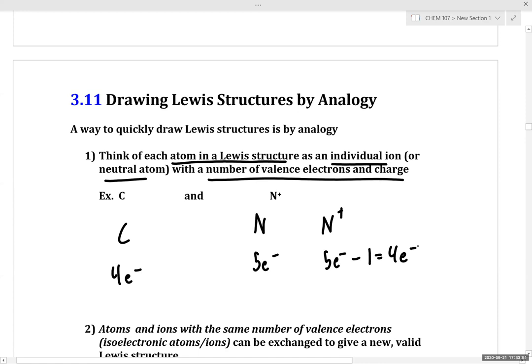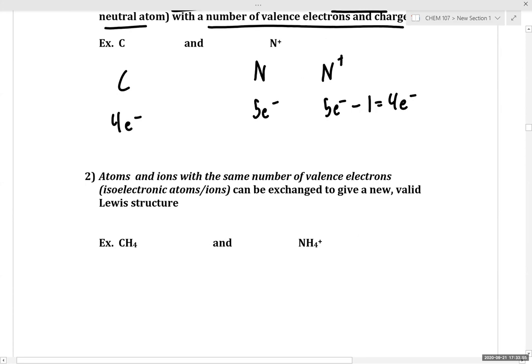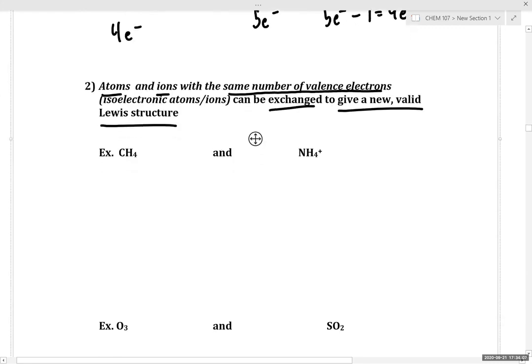Now you may say, why are we doing this? What's the benefit of this? Well, if you're drawing Lewis structures, atoms and ions with the same number of valence electrons can be exchanged to give a new, equally valid Lewis structure. So for example, when we drew the structure for methane, which is CH4, it looks something like this.